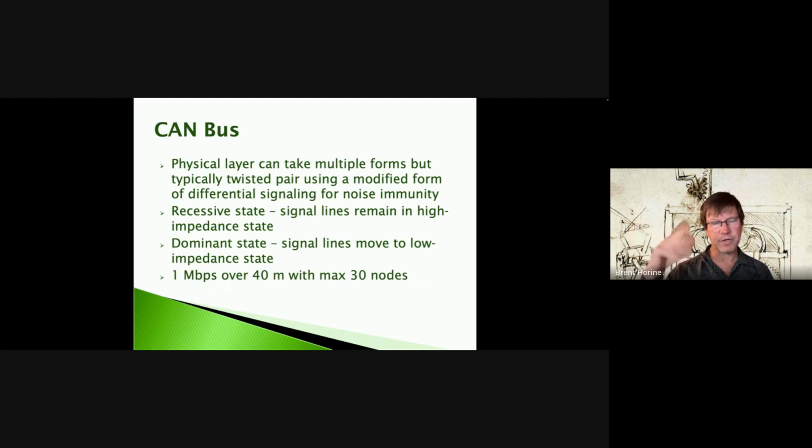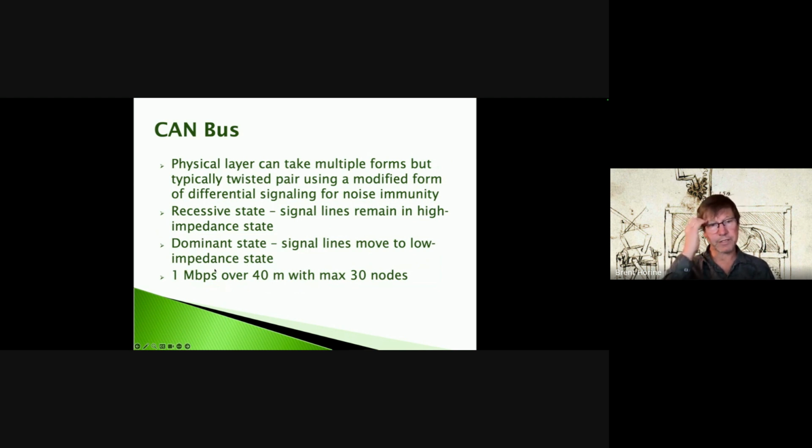We call that tri-state. Different but similar here: we have a recessive state where the signal lines remain in the high impedance state, and then we have the dominant state, where the signal lines move to a low impedance state when they're signaling.